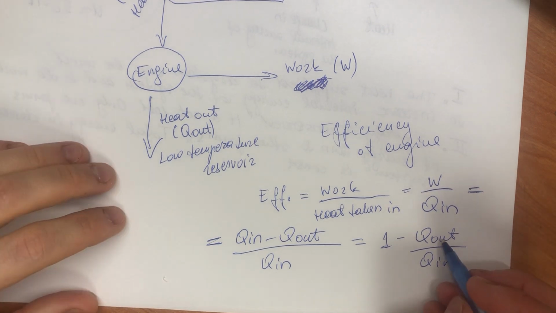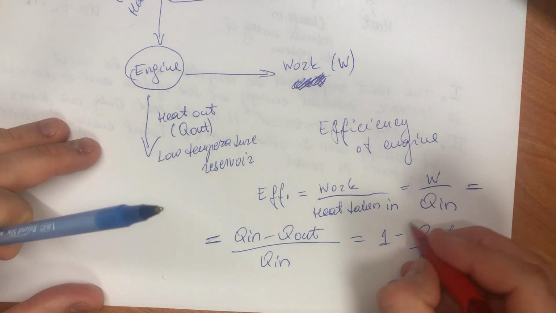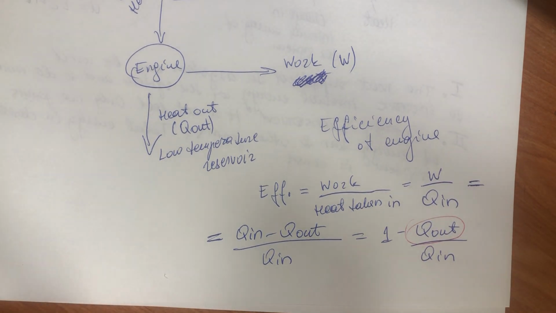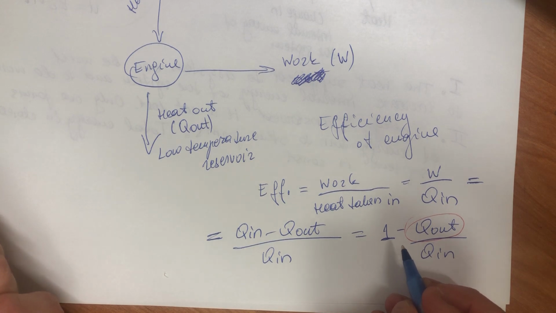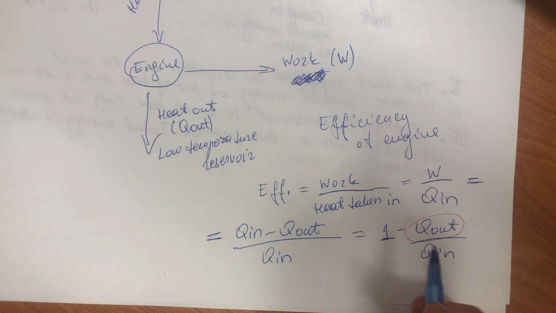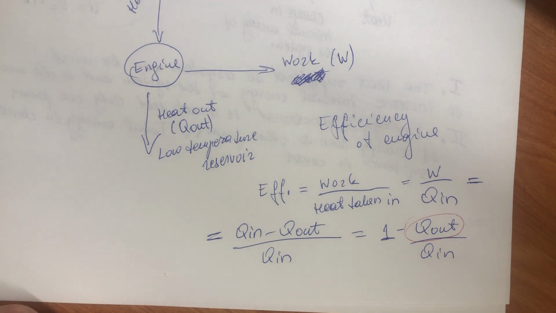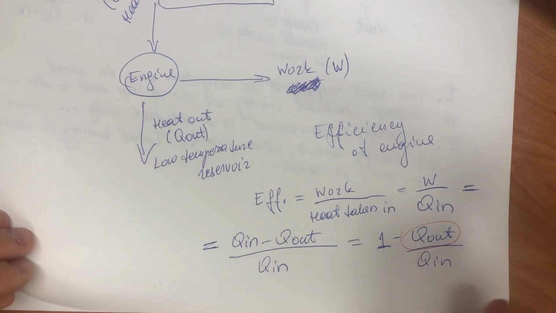So if this Q out was made 0, then the efficiency of the engine would be 1. But as you know, this is impossible to do. It is impossible to convert all the energy to work. So this is about engines.